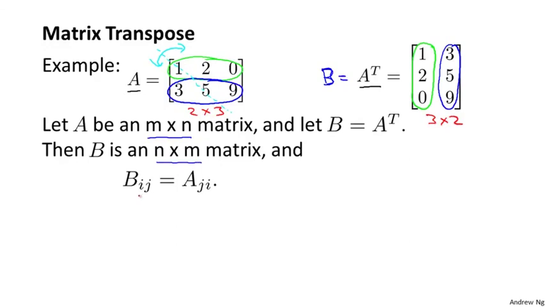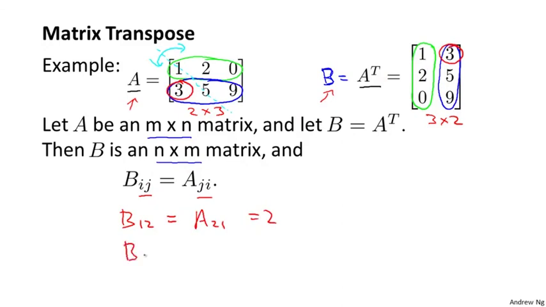And moreover, B_ij is equal to A_ji. So the ij element of this matrix B is going to be the ji element of that earlier matrix A. So for example, B12 is going to be equal to this element 3, right? First row, second column. And that's equal to A21, second row, first column, which is equal to 3.